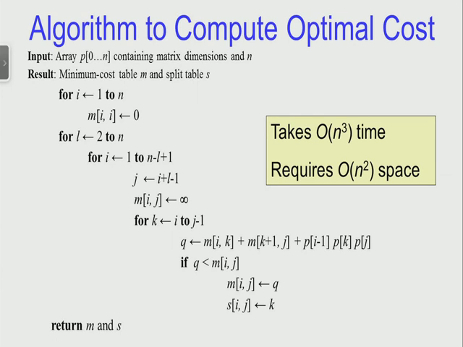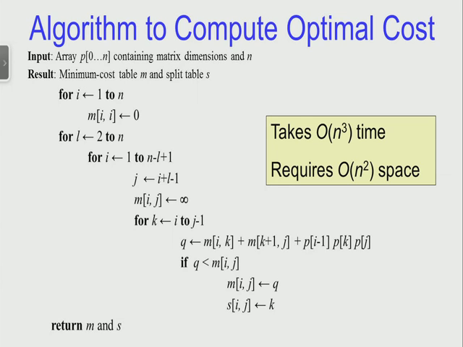The next for loop is set up to instantiate each element in the appropriate diagonal, and the innermost for loop is the one that evaluates the value of the min cost parenthesization. So, in the second for loop, the initialization of the variable j to i plus L minus 1 is a choice of the appropriate element in the Lth diagonal.